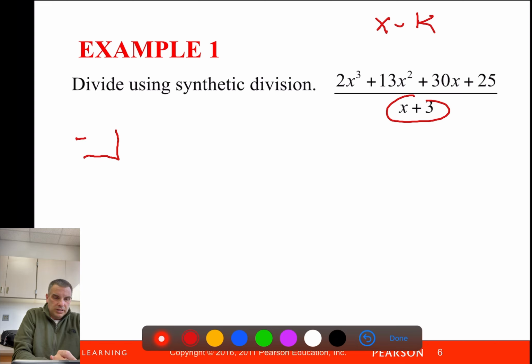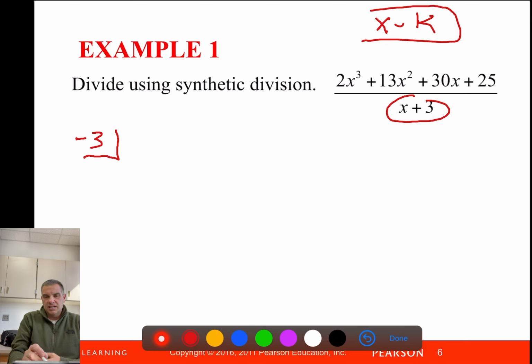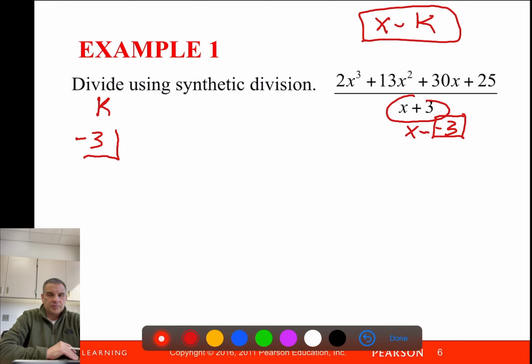So I'm going to put a negative 3 inside of the box because we're dividing in the form x minus k. So this would be the same thing as x minus negative 3. So my k value over there is negative 3, and it's the k value that's going to go in there. So mathematically, it's x minus k, and the k goes inside of that box.